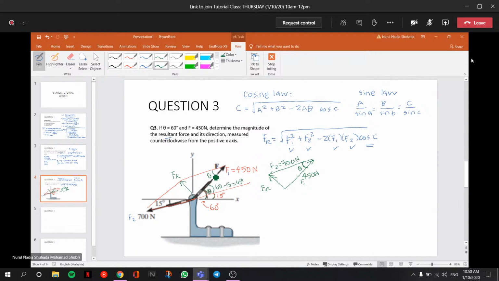And since the angle here is at the same angle as here, the 45 degrees here is also 45 degrees here. So the angle that we have been looking for, the C, is 45.